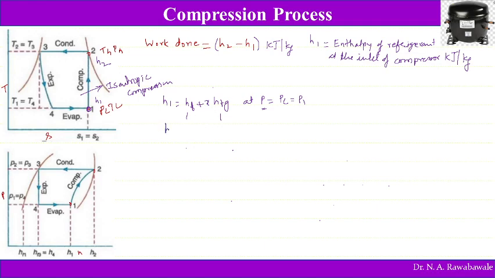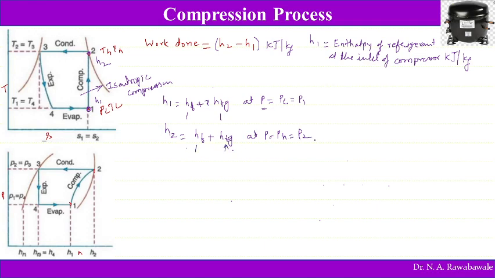Again at point 2, H2, assuming that the refrigerant is dry saturated, we write it as hg, that is hf plus hfg, at pressure P equal to the high pressure PH, that is nothing but P2. So at pressure P2, hf and hfg are taken.